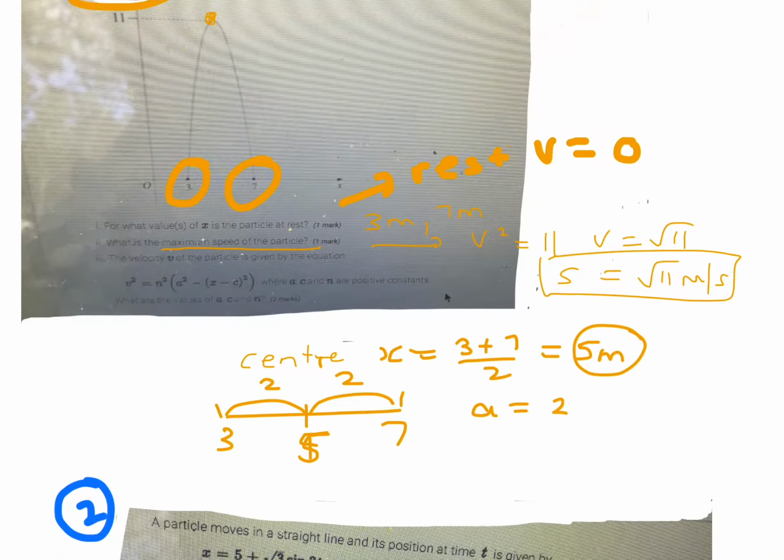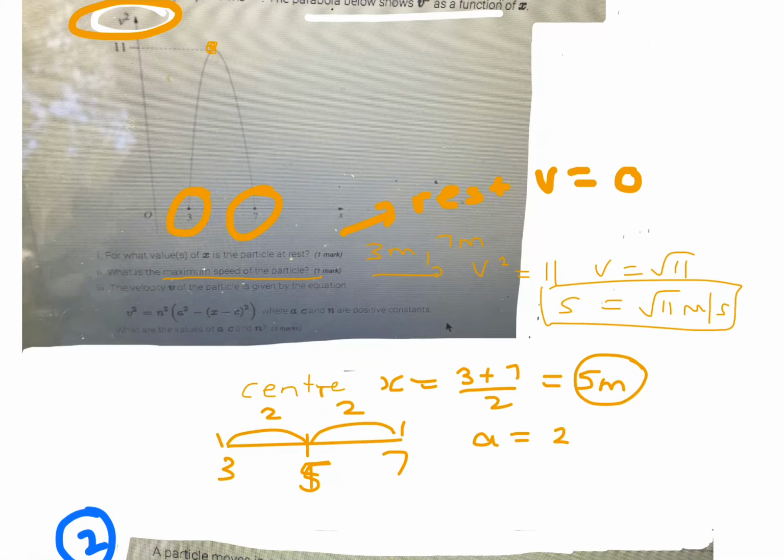So when we're putting this into this formula, v squared equals n squared. Now what's n? We have a squared, a is 2, minus the center, x minus 5 squared.